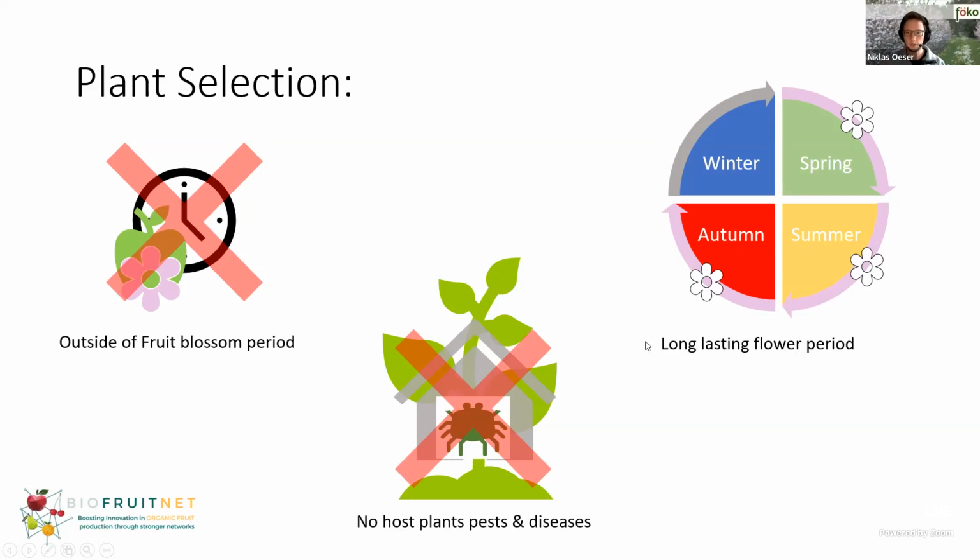You should not introduce host plants for common pests and diseases, which can infect your fruit trees. And also, if possible, choose varieties or crops with a long-lasting flower period. So the agrobiodiversity has a long period to get promoted by these different shrubs.